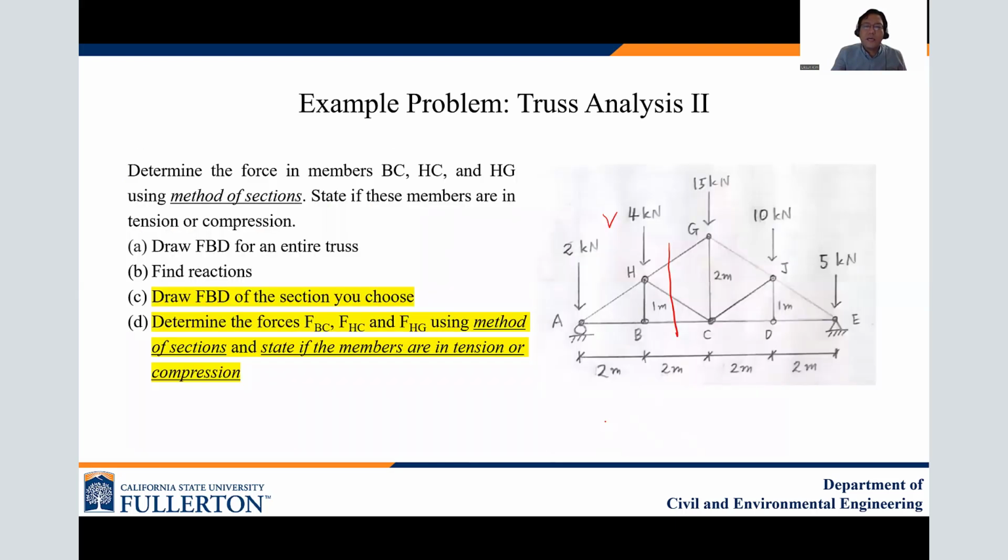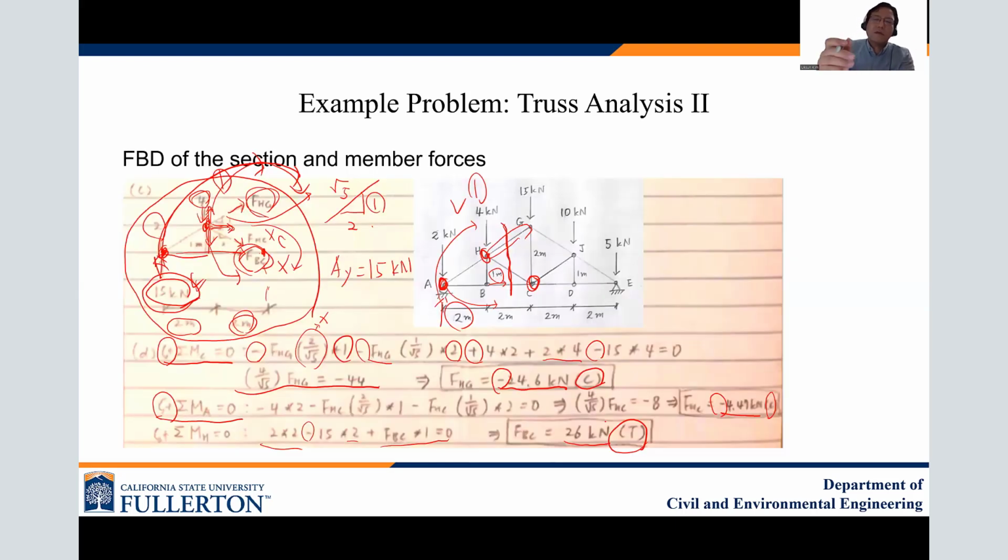Okay? And then definitely for your final answer, you mark the tension or compression and put a box around your final answers for FHG, FHC, and FBC. Okay, so that's your final answer.